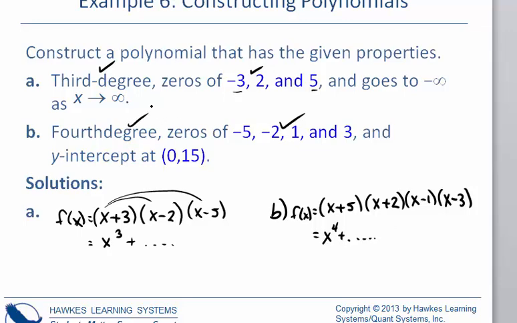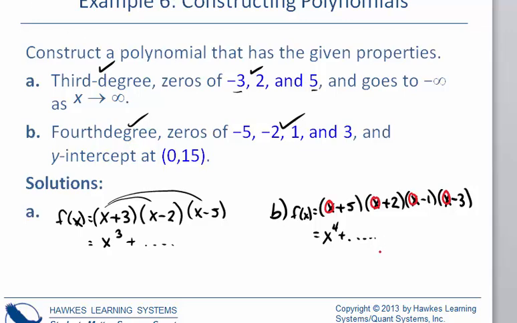And the only thing we have to concern ourselves with is the y-intercept. Now, remember that the y-intercept is found by plugging a 0 in for the x. So we want to be sure that when we put a 0 in for these x's, we're going to end up with 15. So let's just try it and see. So I'm going to stick a 0 in right here, right here, right here, and right here. And let's see what we get.